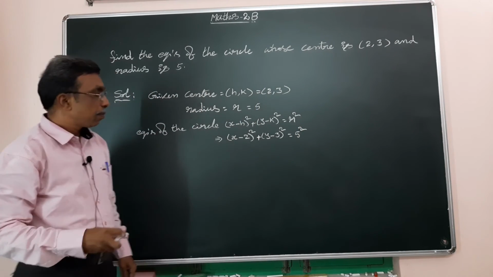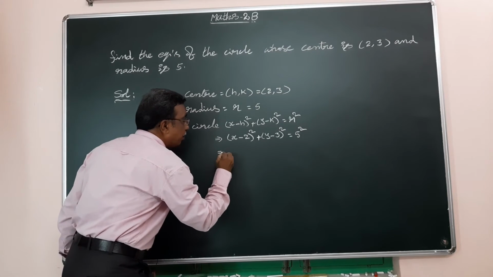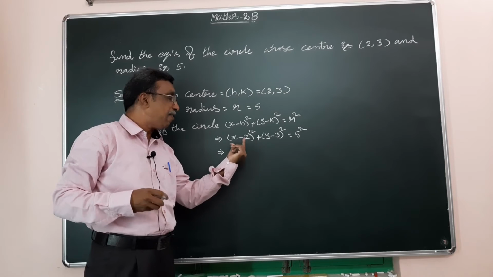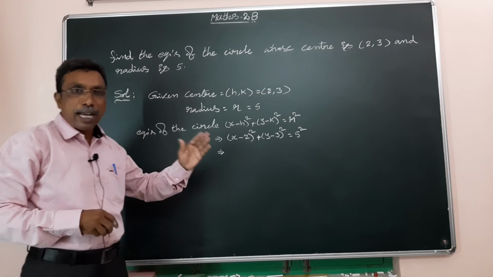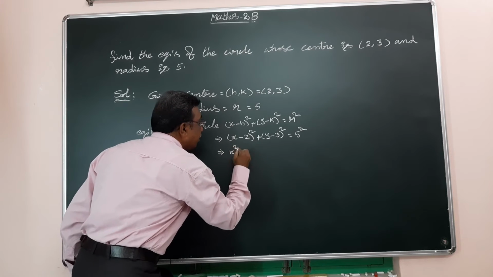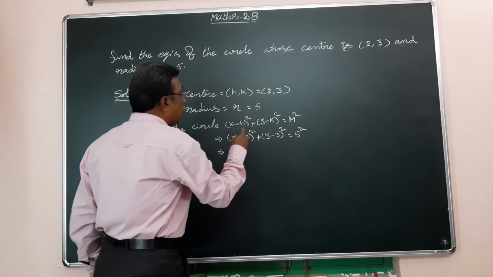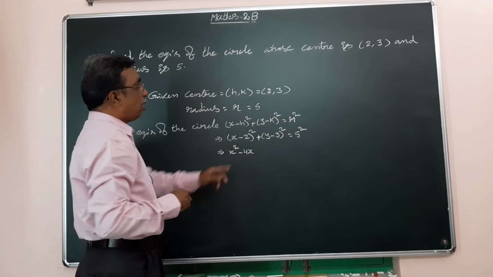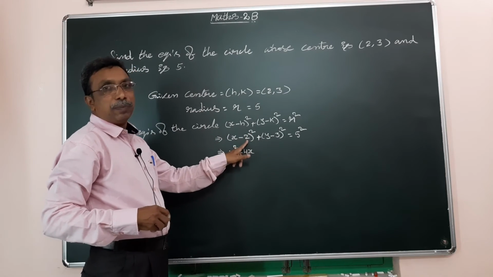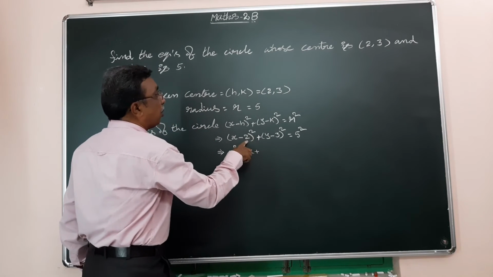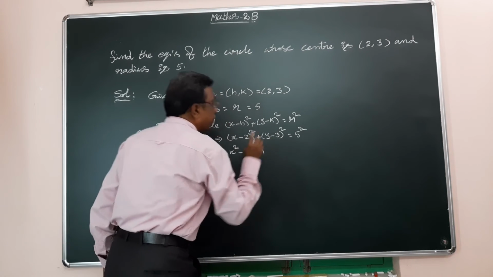That implies, by using the formula a minus b whole square. What is the formula of a minus b whole square? A square minus 2ab plus b square. So x square minus 2 into x into 2, 2 2s are 4, 4x, plus b square, b is 2, 2 square 4.